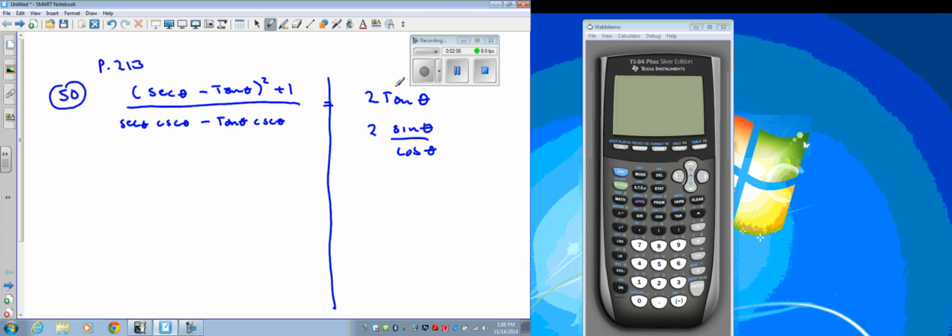I guess there's always, if you don't see something right off, you always go with turning everything into sine and cosine. So secant tangent squared. Oh wait, that's no. If you squared this, it would be secant squared minus 2 secant tangent plus tangent squared.